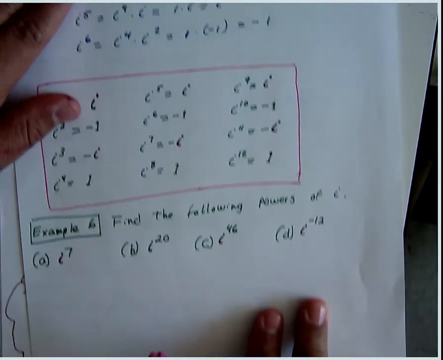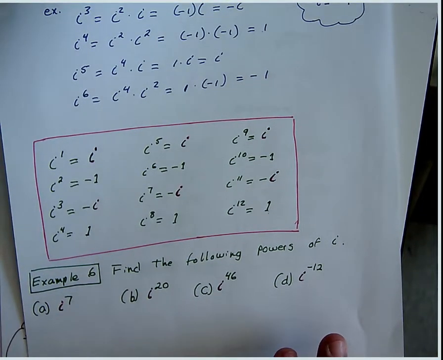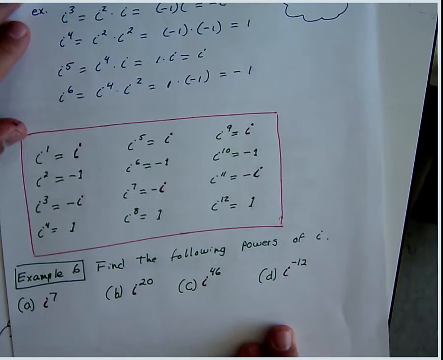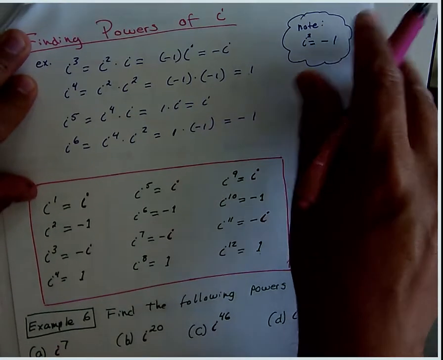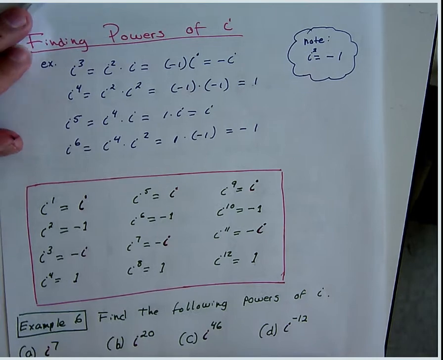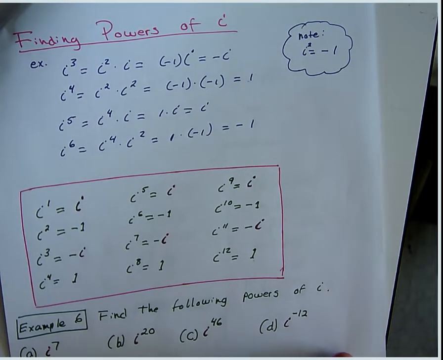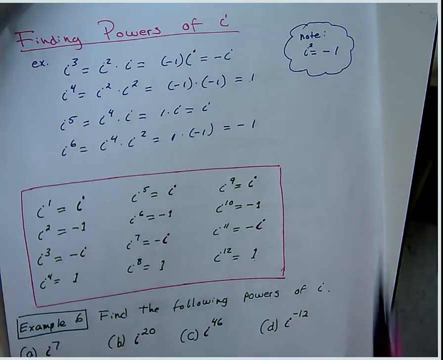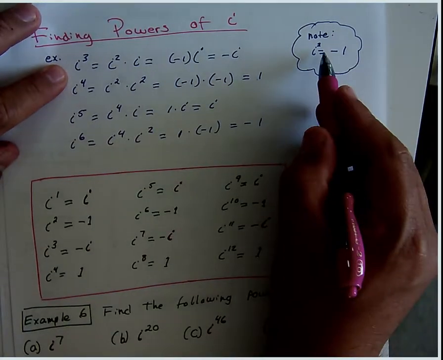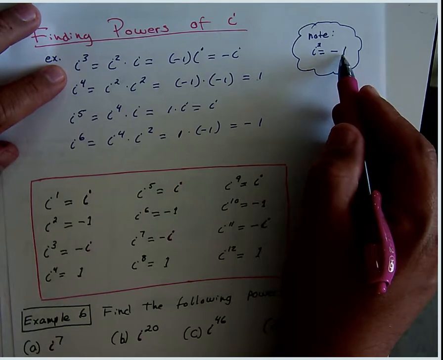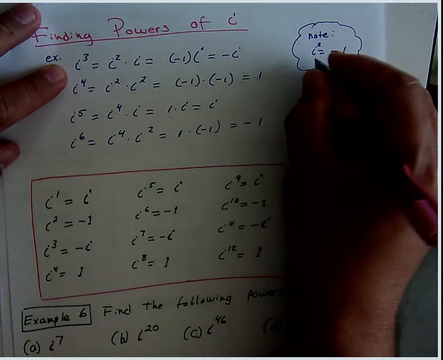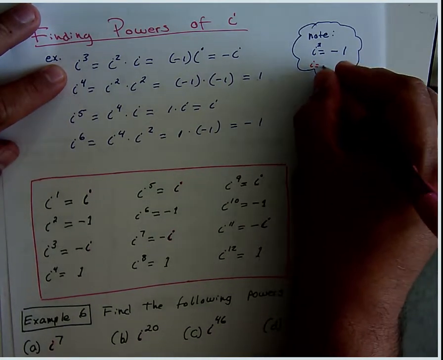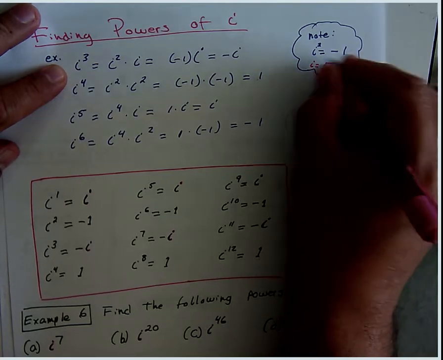Okay, the last ones. So for example 6, they're giving you the powers, so it's finding powers of i. So you know the first one was i squared equals -1, and you know i is equal to the square root of -1. We're not going to use this one.